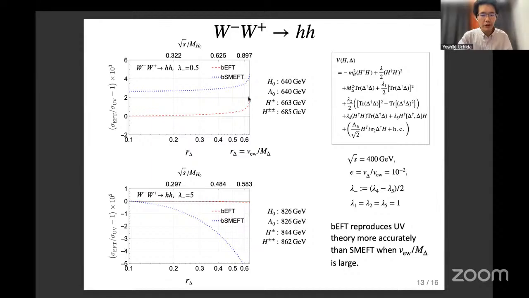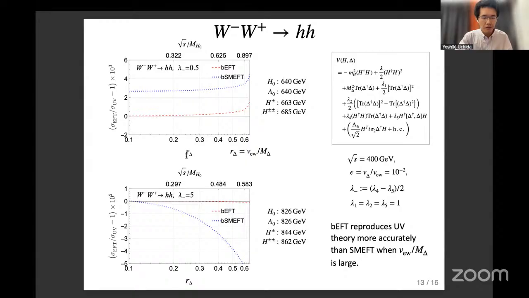So this is a numerical evaluation between the broken phase effective field theory and the broken phase SMEFT. This is a benchmark, and as you can see, the broken phase effective field theory can describe the UV theory much more accurately. This blue dotted line is calculated by the broken phase SMEFT. And this lambda minus is the linear combination of the parameters in the original Lagrangian.